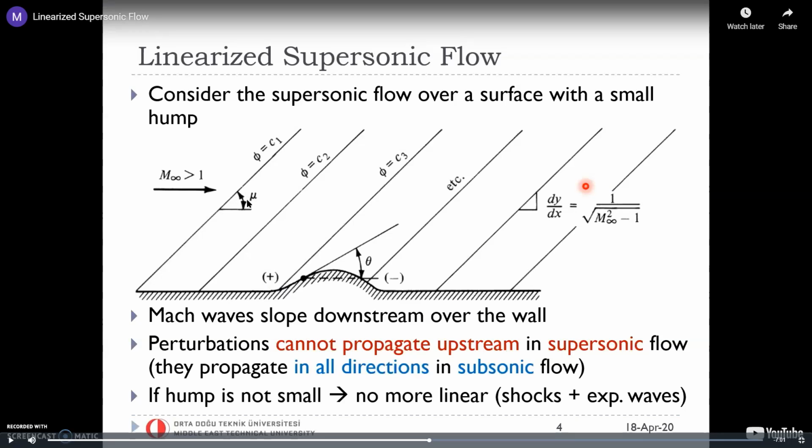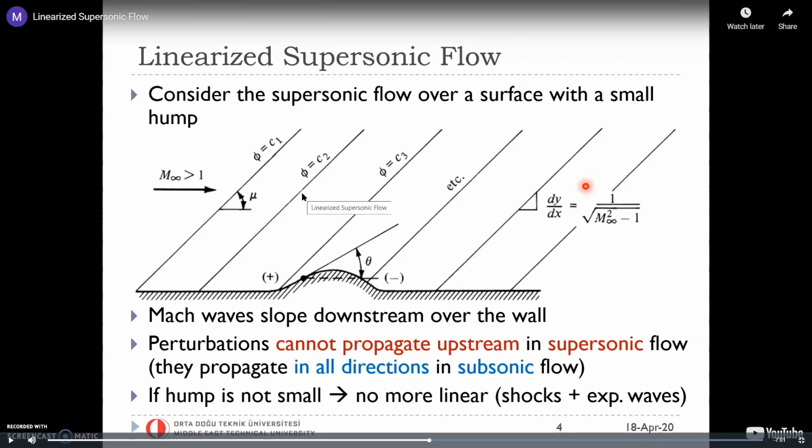Imagine yourself in the supersonic flow, but you're not facing the Mach number. You turn your back against the incoming flow, so you're facing the downstream direction. When you face the downstream direction, the disturbance created by the presence of your body will propagate along two Mach lines.